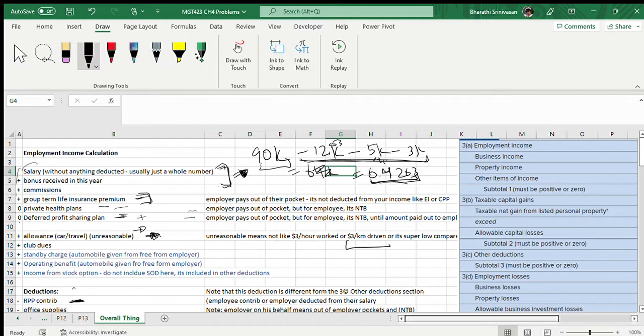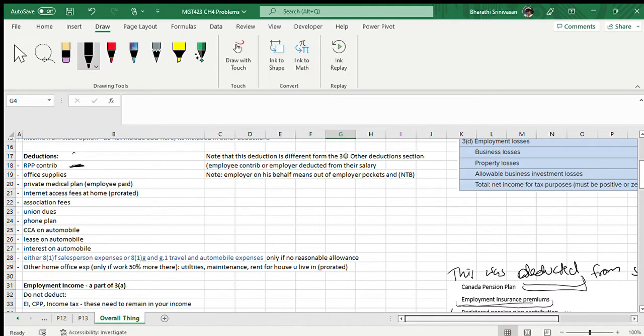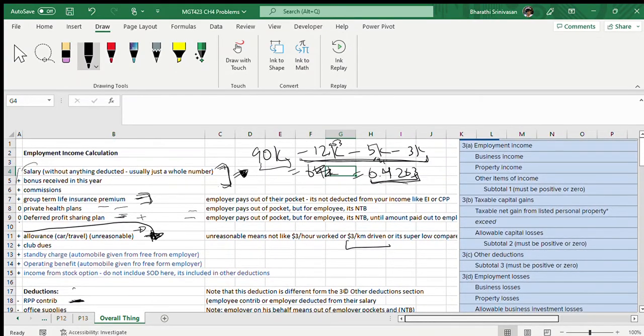I think it's because if it's an unreasonable allowance, then you would include it here as a taxable benefit, but then you could deduct from the deductions stuff like automobile or travel expenses. Whereas if it's a reasonable allowance, then, oh, actually, hold up.